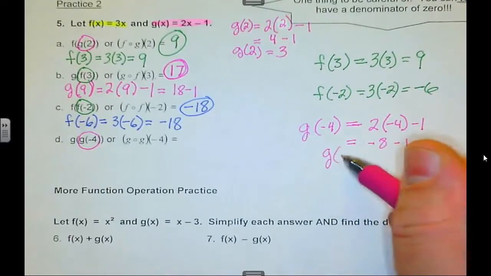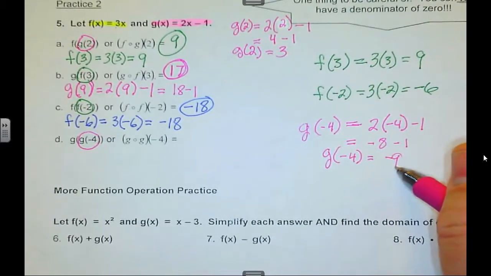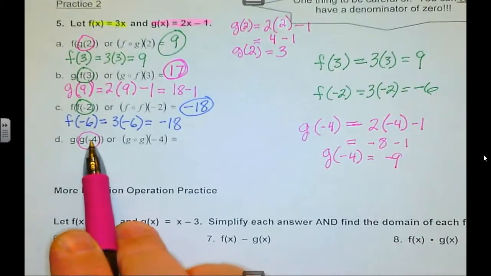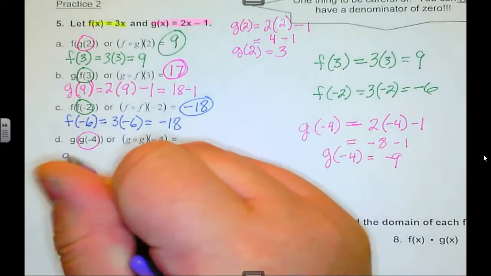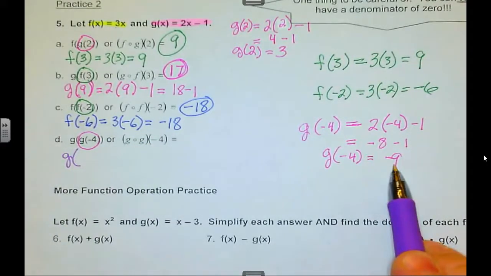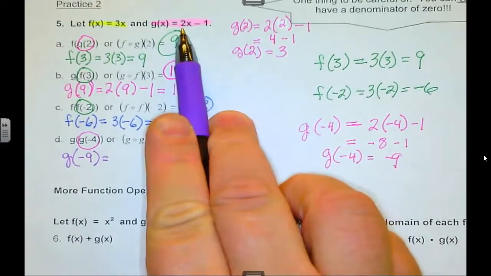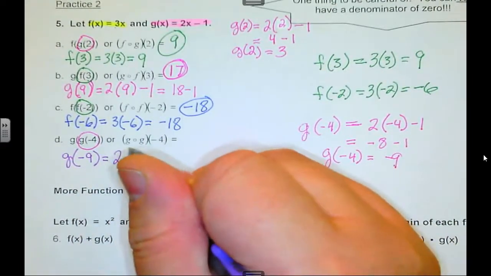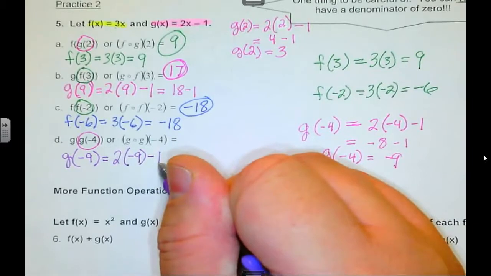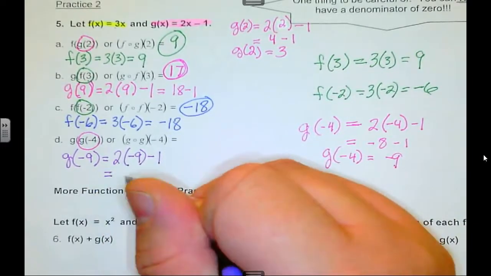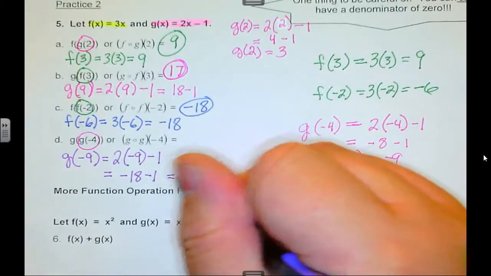So the g of negative 4 equals negative 9. Instead of the g of negative 4, I'm going to plug in negative 9. Okay, I have 2 times negative 9 minus 1, which equals negative 18 minus 1, which equals negative 19.